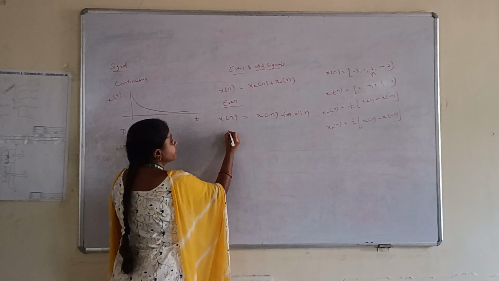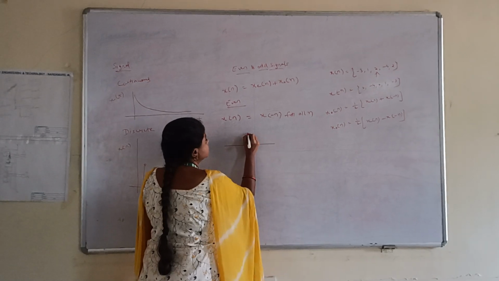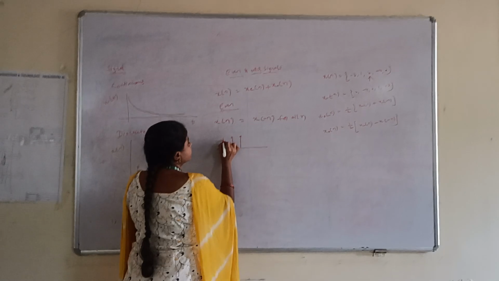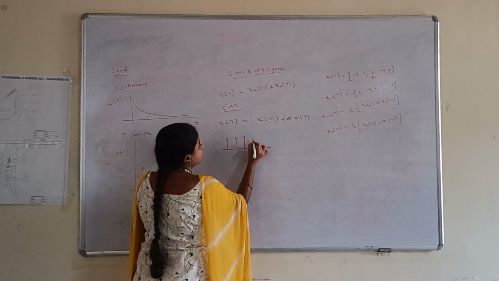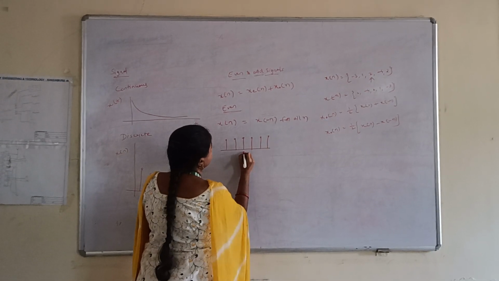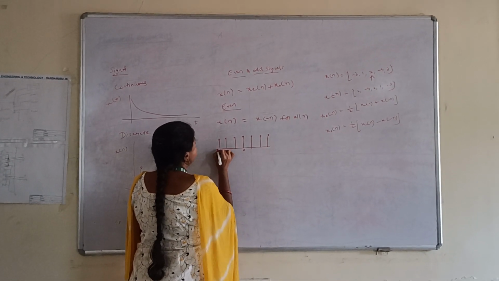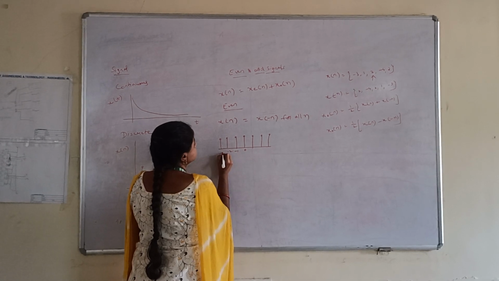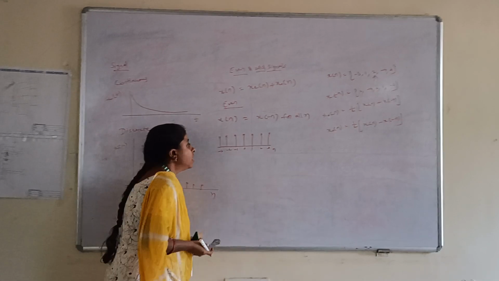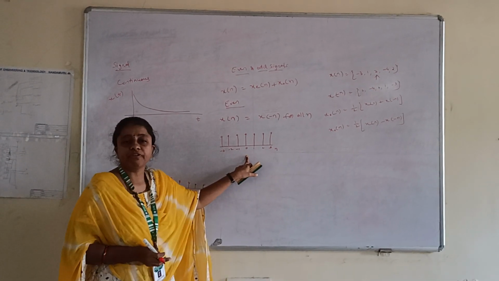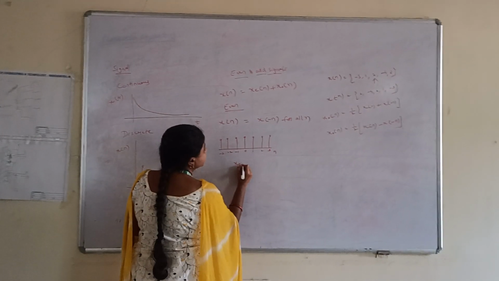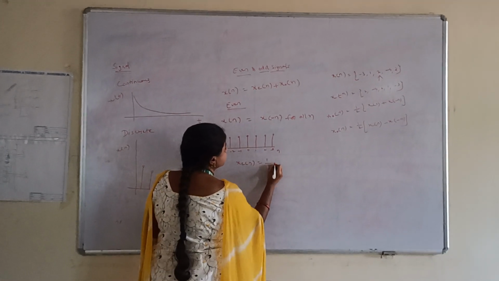Now let us see the representation of an even signal. That is the representation for an even signal. So the even signal can be written like this.